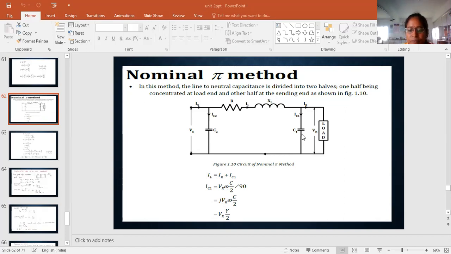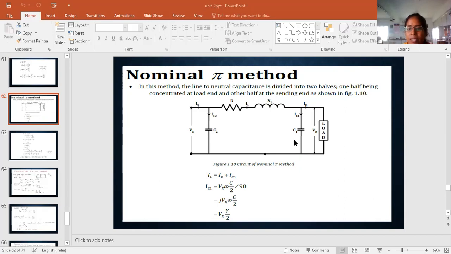So VR into omega C by 2, which is VR by XC, and in place of 1 by XC we can write Y. So it is VR into Y by 2, since the capacitance value is C by 2.